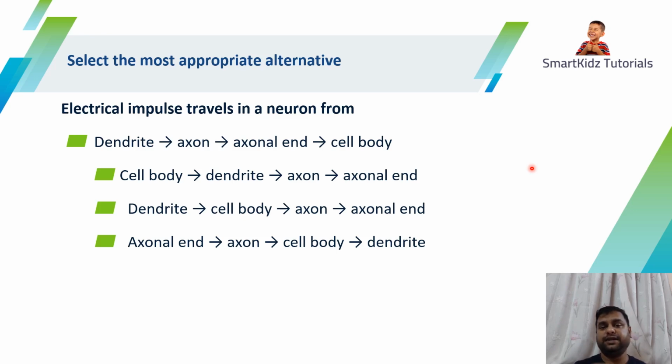Finally, the electrical impulse will be converted into a chemical signal, which will then once again be identified by the neighboring neuron. That means the dendrite of the neuron. So this is how a signal travels from one neuron to another, and the message is transferred, of course. Okay, here you go: dendrite to cell body, axon to axonal end. Next.